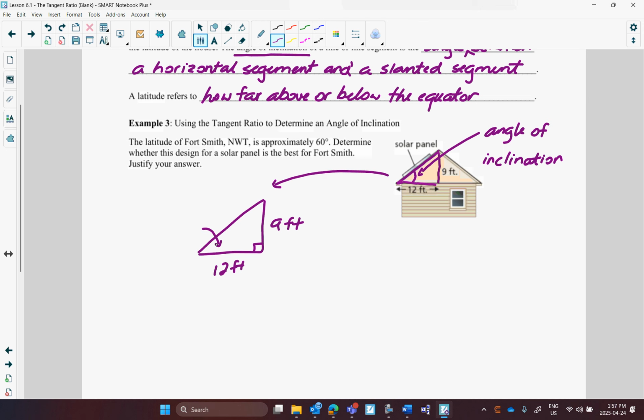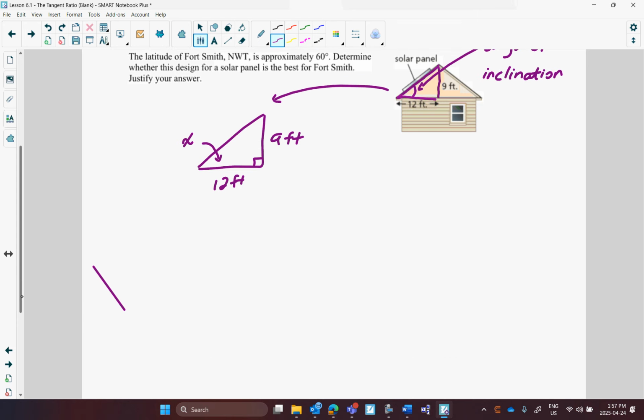What do you want to call something if we don't know it? Call it X. Call it B. Call it M. Whatever you like, just call it a letter. So we need to set up our equation. Can somebody take a shot at the equation?